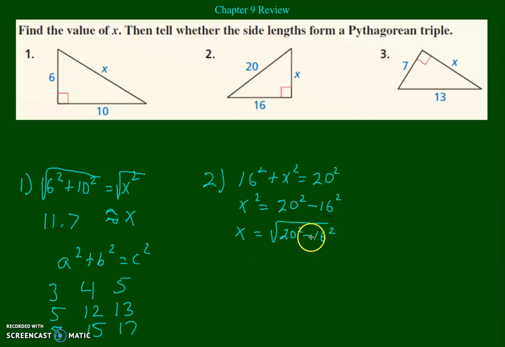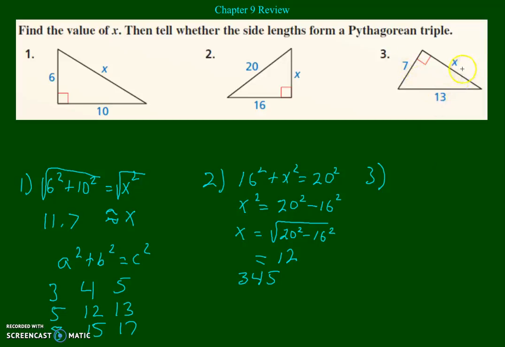When we put this in our calculator, this does in fact equal 12. So we were correct that this was 3 times 4, 4 times 4, 5 times 4. This is a 3, 4, 5 Pythagorean triple.